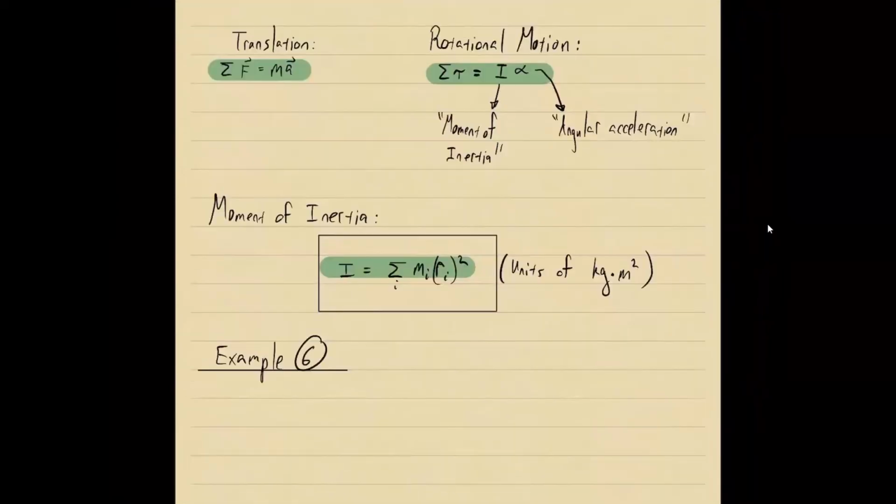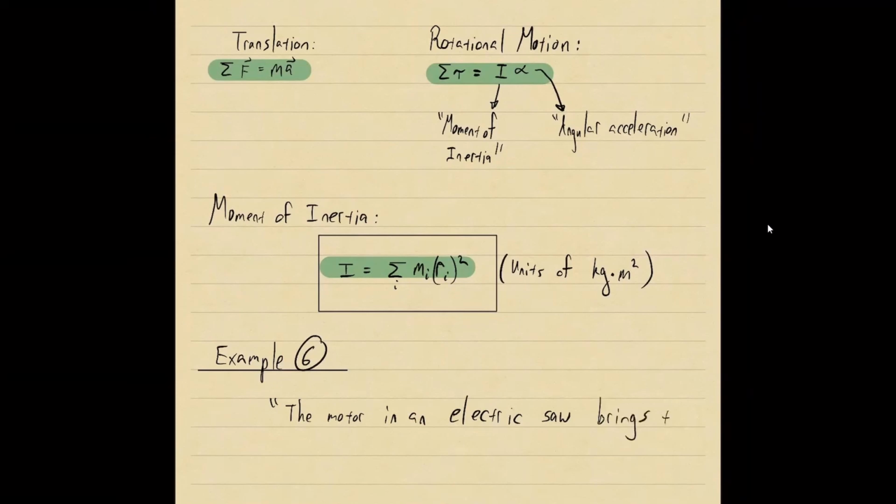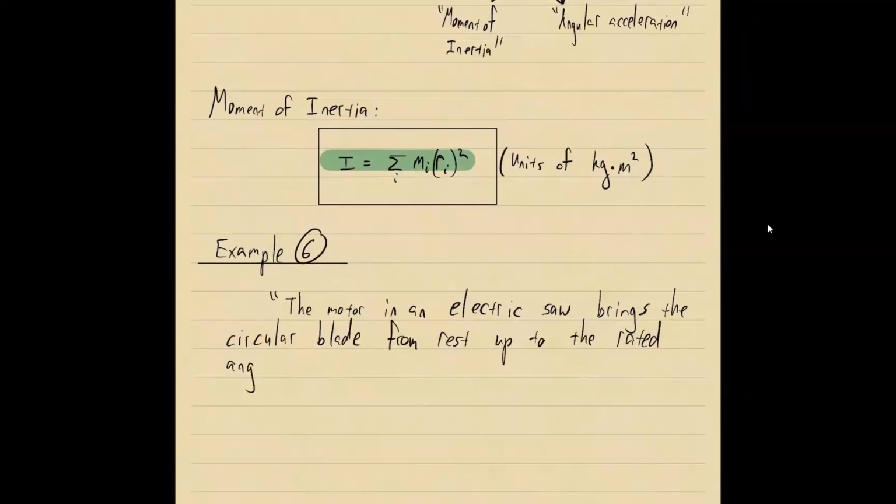So example 6 says that the motor in an electric saw brings the circular blade from rest, so from initially not spinning, up to the rated angular velocity of 80 revolutions per second in 240 revolutions.